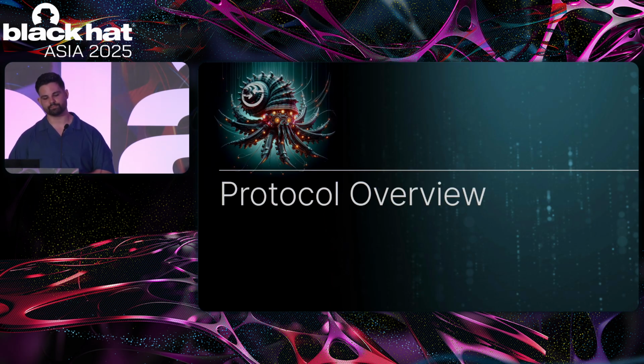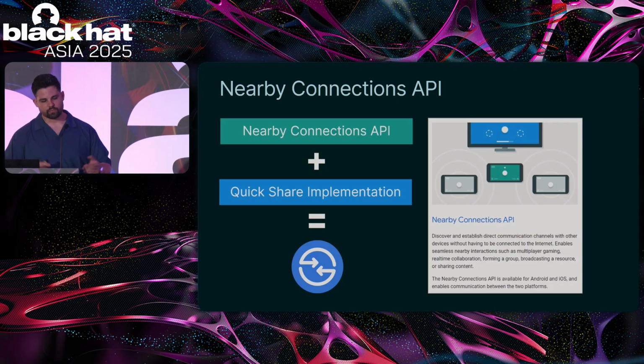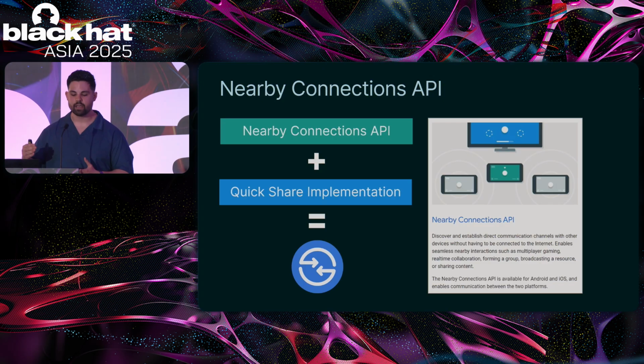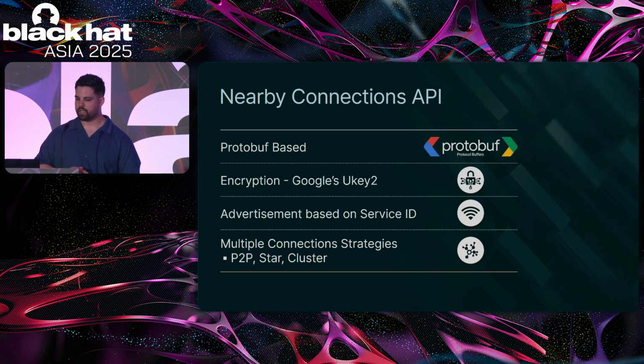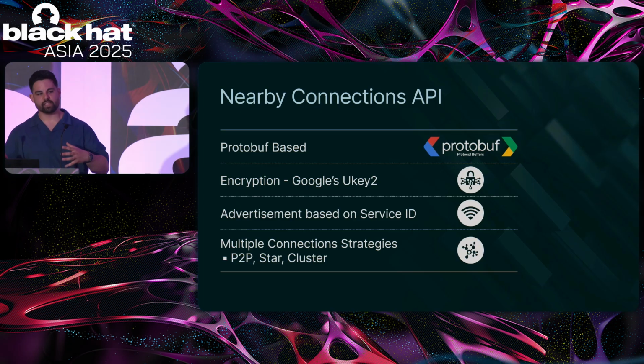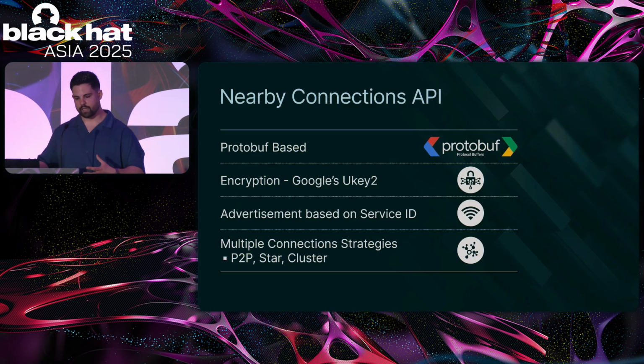So, first of all, QuickShare is implemented upon an API called the Nearby Connections API. This API allows Android apps to exchange data nearby regardless of network connectivity. QuickShare just implements its own implementation over that API.